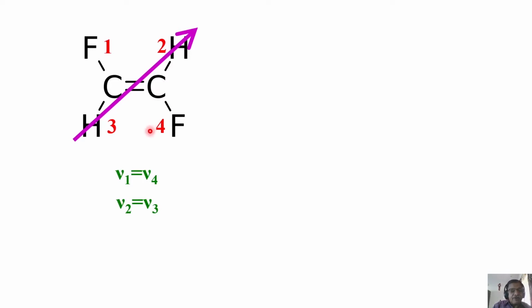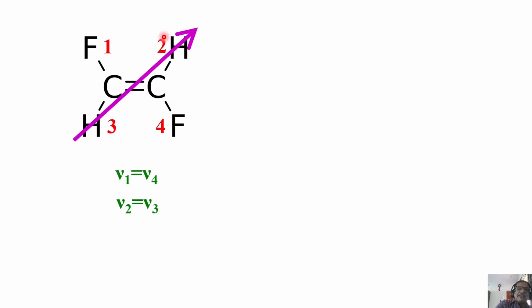Similarly, look at the protons. Nu2 is equal to nu3 because of the symmetry operation. So proton 2 and proton 3 come at the same chemical shift position. So they give a single peak. These two fluorines give a single peak in the fluorine spectrum. These two protons give a single peak in the proton spectrum. You understand how symmetry simplifies the spectrum.